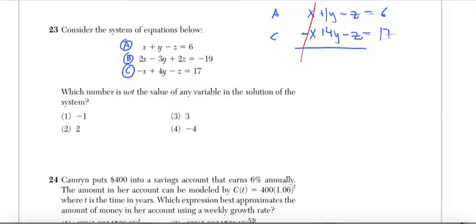This is the same as 1y plus 4y is 5y. I could put a 1 in front of this, and negative 1z minus 1z is negative 2z. And then I add the 17 to 6 to get 23. So bring down the equal sign, right?